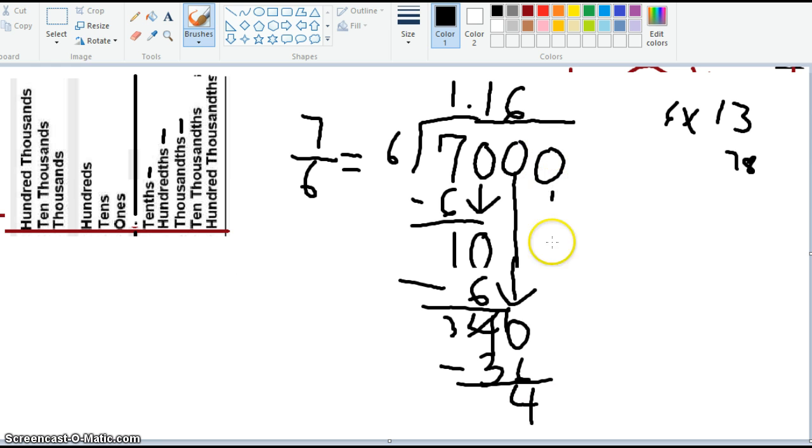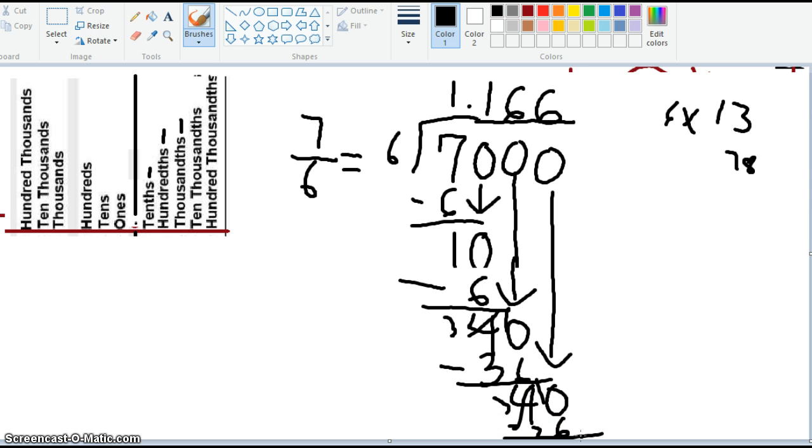So if I were to add another 4 here, I'm going to keep repeating the same pattern because now I'm going to end up with 40. The most I can continue is to keep multiplying 6 times 6. It's going to be 36, which I'm going to simply subtract, and I'm going to end up with 4, and it's going to repeat.